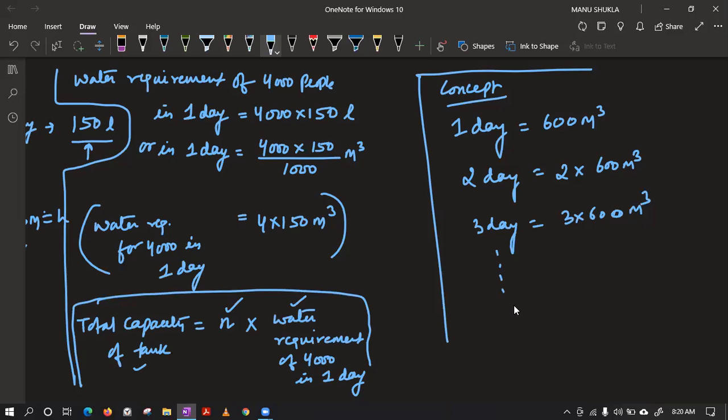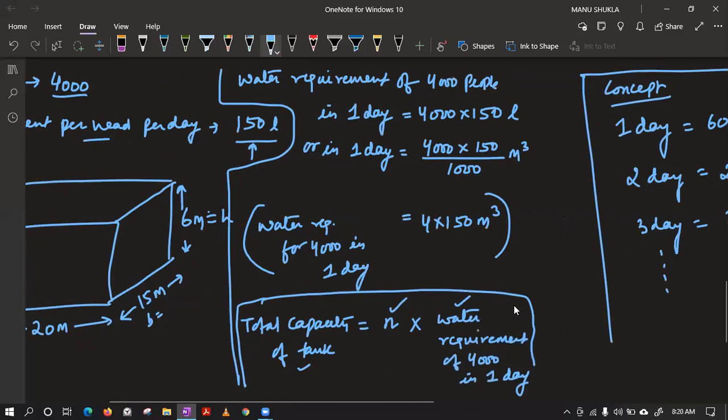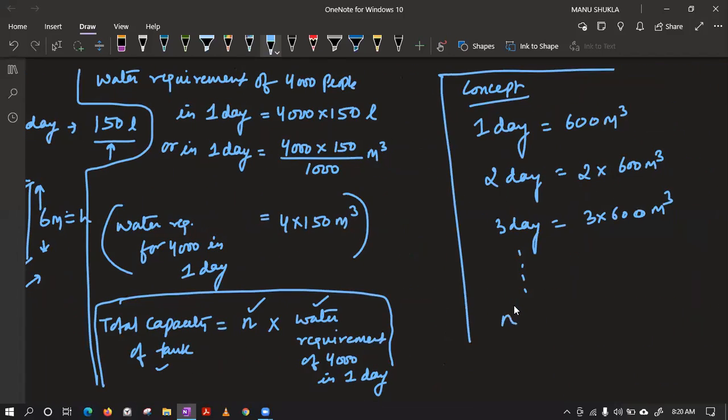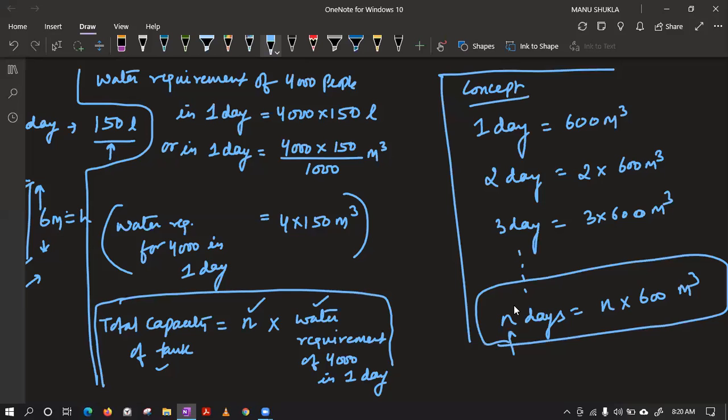It will go on. But we have to find using the variable to make it easy. So we can say if there are n number of days, that will be n into 600 meter cube. This only we have assumed, because we want to find the value of n, that is a variable. Okay.